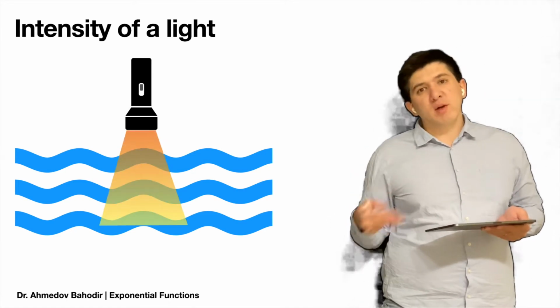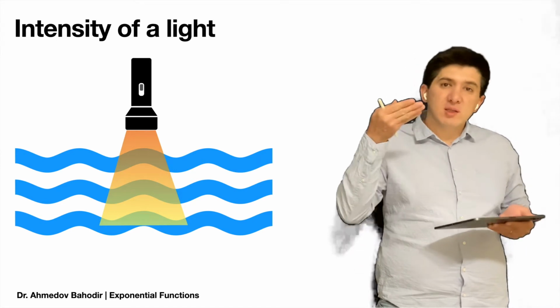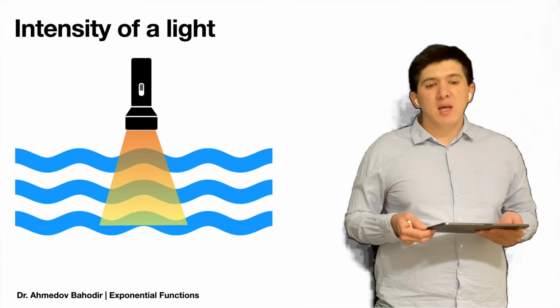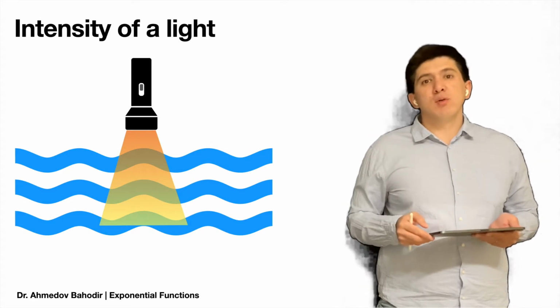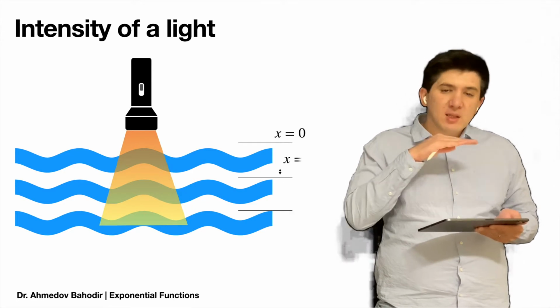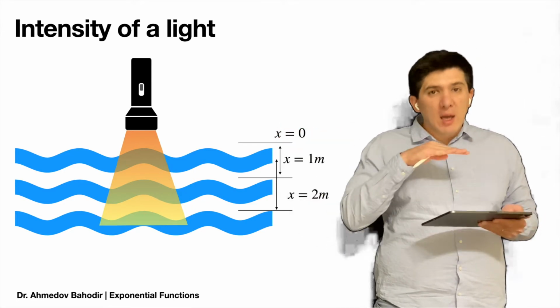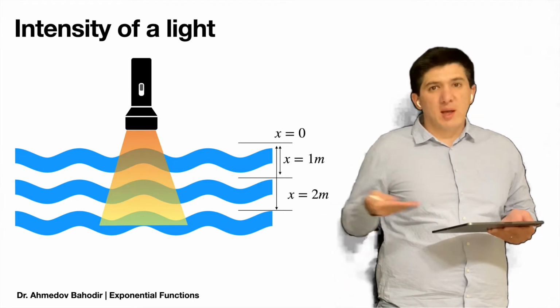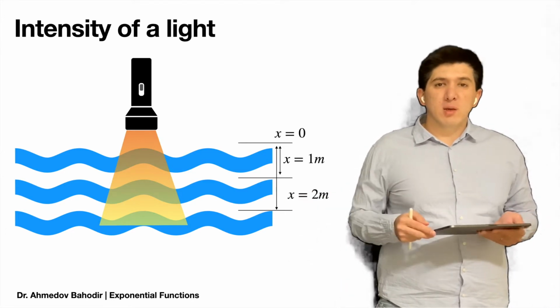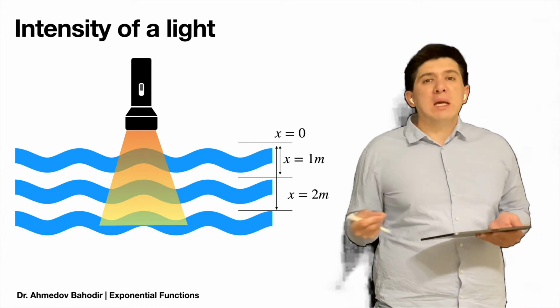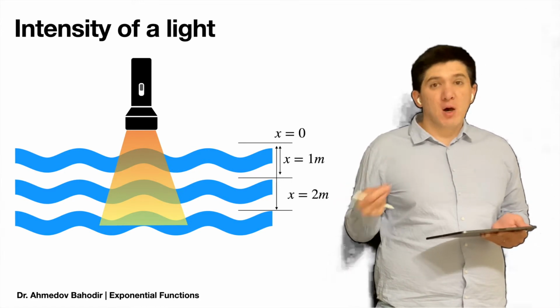What I would like to try to understand is how the intensity of this light is going to decrease as the light is going through the water. So let's denote the surface to be x is equal to 0. Then as I go deeper and deeper, for example, x is equal to 1 or x is equal to 2, I would like to try to understand or quantify the intensity of the light.